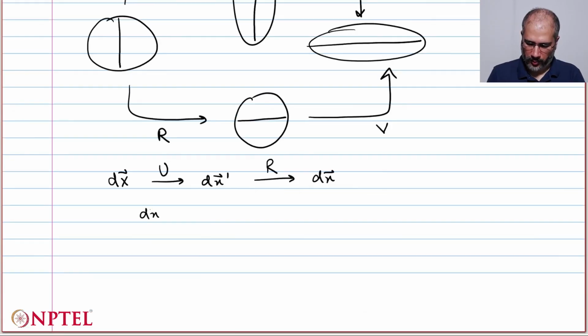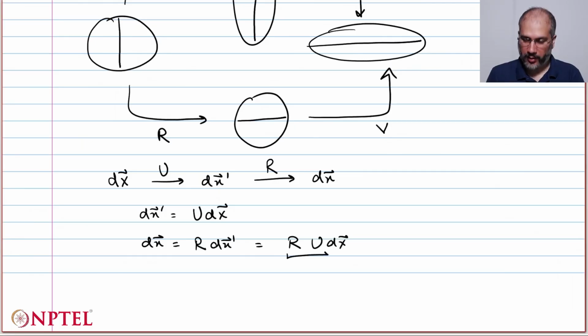So I can write my d small x prime vector as U times d capital X, and then my d small x becomes R times d small x prime, which actually is R times U times d capital X. So this R times U is our overall F tensor, which is the deformation gradient tensor that helps us link the d small x with the d capital X.